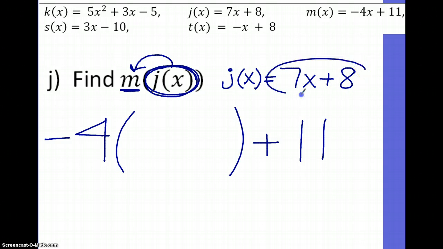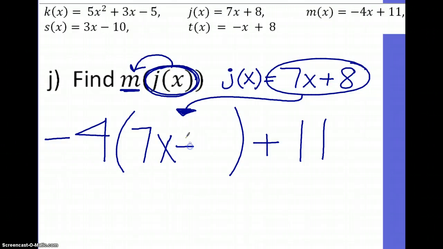So this is J of X. I'm going to plug all of that into my M function. So 7x plus 8.